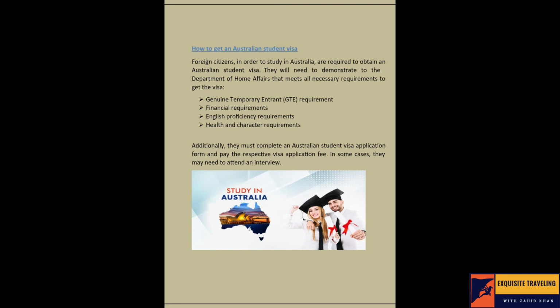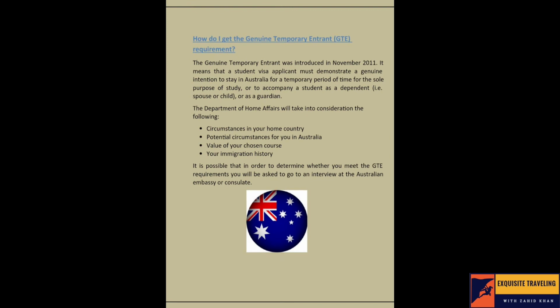How do I meet the Genuine Temporary Entrant, GTE, requirement? The Genuine Temporary Entrant requirement was introduced in November 2011. It means that a student visa applicant must demonstrate a genuine intention to stay in Australia for a temporary period of time for the sole purpose of study, or to accompany a student as a dependent, that is spouse or child, or as a guardian.